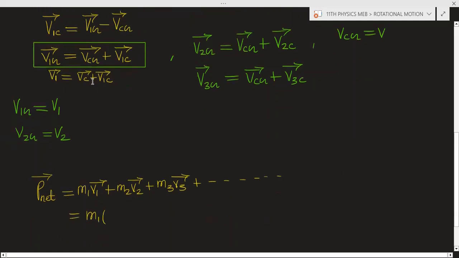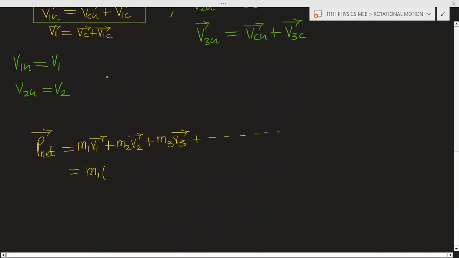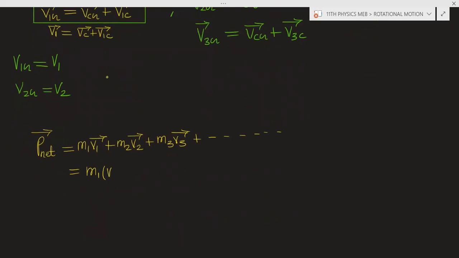So v1 we can write vc plus v1c: velocity of center of mass plus velocity of mass 1 with respect to center of mass, plus m2.